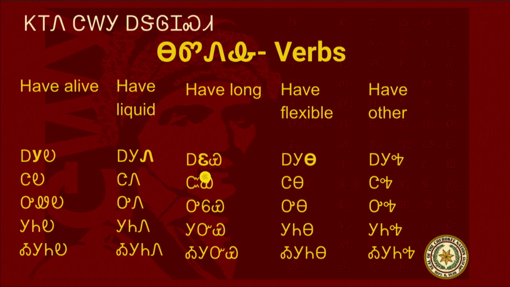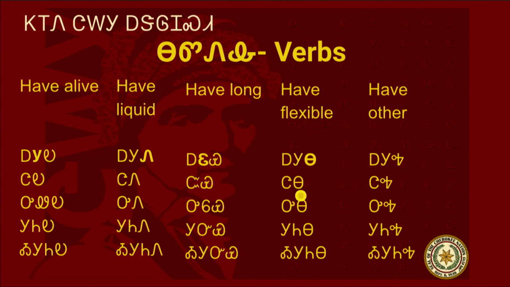Then we have agwaya, I have something long. Zheya, you have something long. Uwaya, he has something long. Gineya, we have something long. Ogineya, we have something long, but not you, right? See how that works?